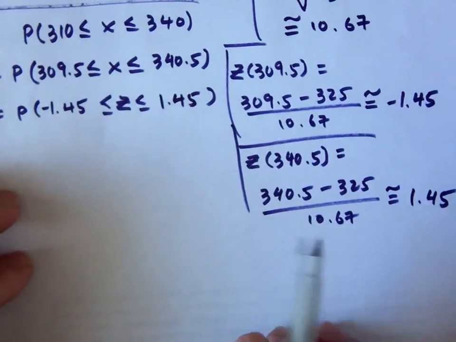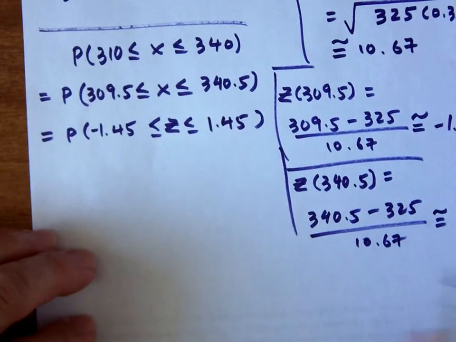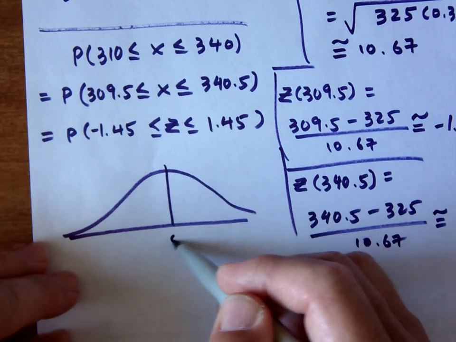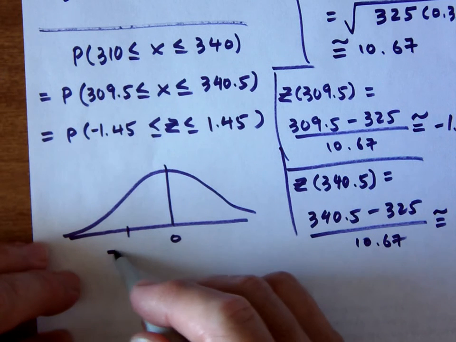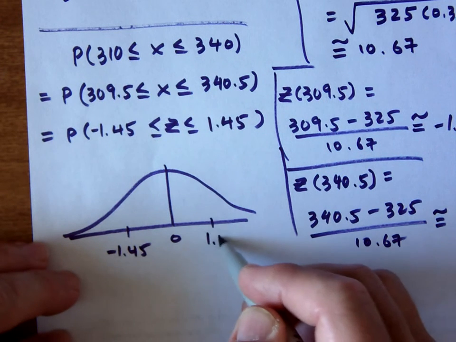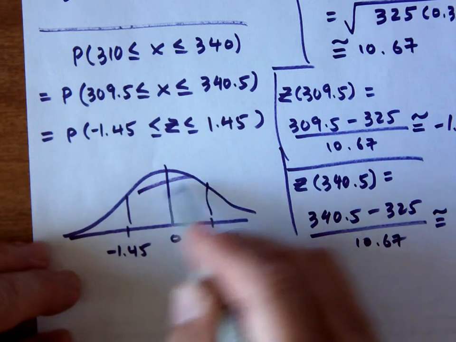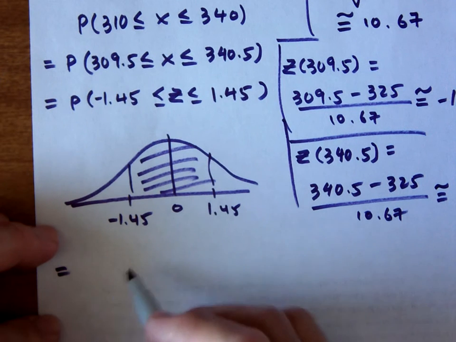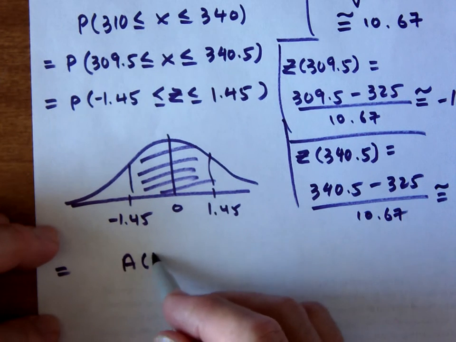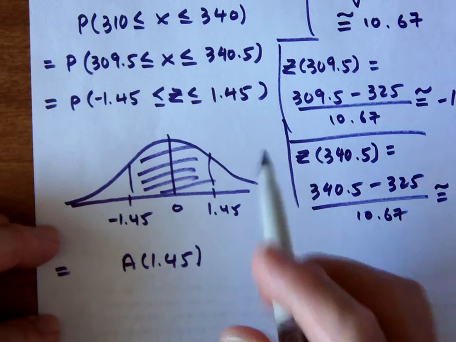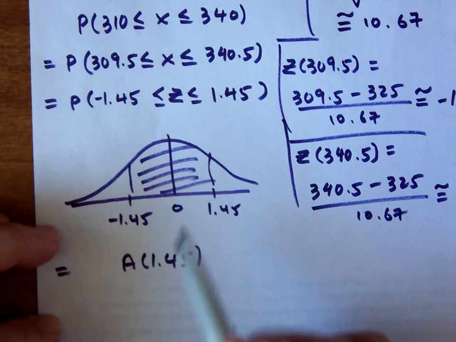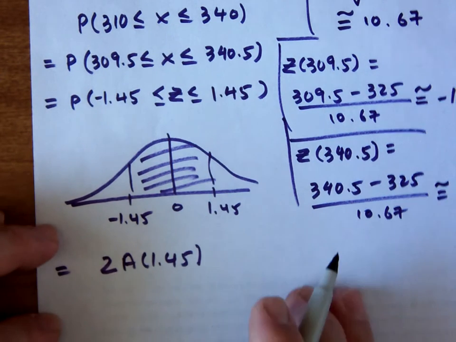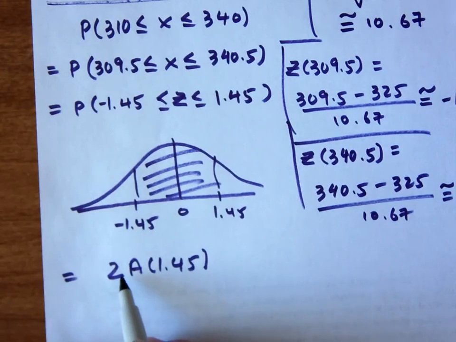So what we have here is actually a symmetric picture: Z of 0 in the middle, negative 1.45 and 1.45. That's the area we're interested in finding. The area for 1.45 is only one of these, actually half of what I want, so the actual answer is going to be 2 times that. Hope you can see why I have this double.